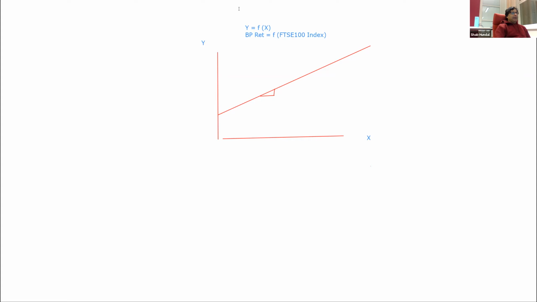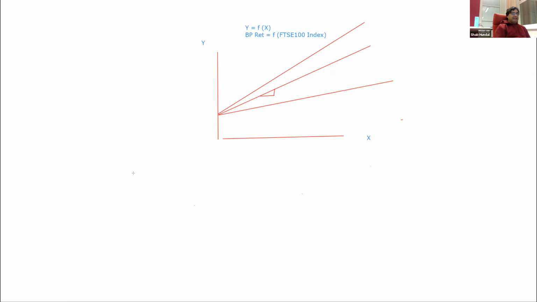And if I have one more line here, you can see that for the same amount of change in the x, there'll be more change in the y. It means that the slope of the line is higher. And if we have a slope which is lower, almost that you can walk on it, then the beta would be lower.